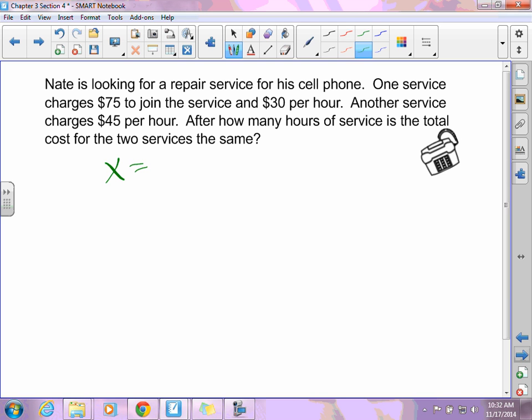Total of hours, or the amount of numbers, or amount of hours. Most of the time you find it in the last sentence of the word problem. So this is going to be number of hours. All right, so I defined my variables. What's the next step? We're going to write the equation.